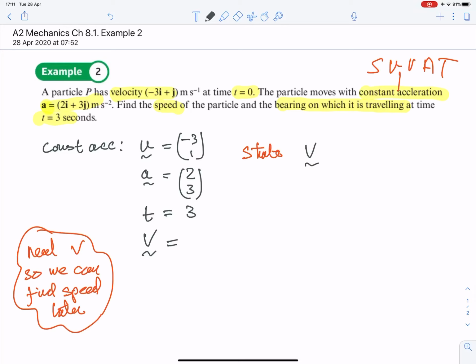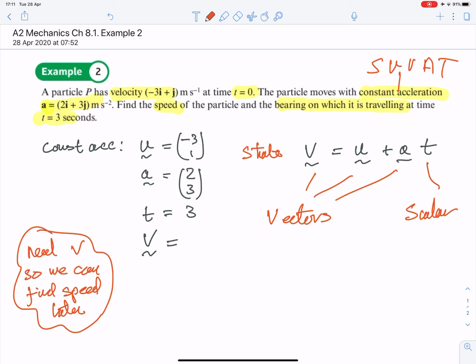So we know v is equal to u plus a t. Now, I've put squiggles under the v, u, a, but not under the t. Any idea why that is? Well, these three, the squiggled ones, are vectors. They have magnitude and direction, and time is a scalar.